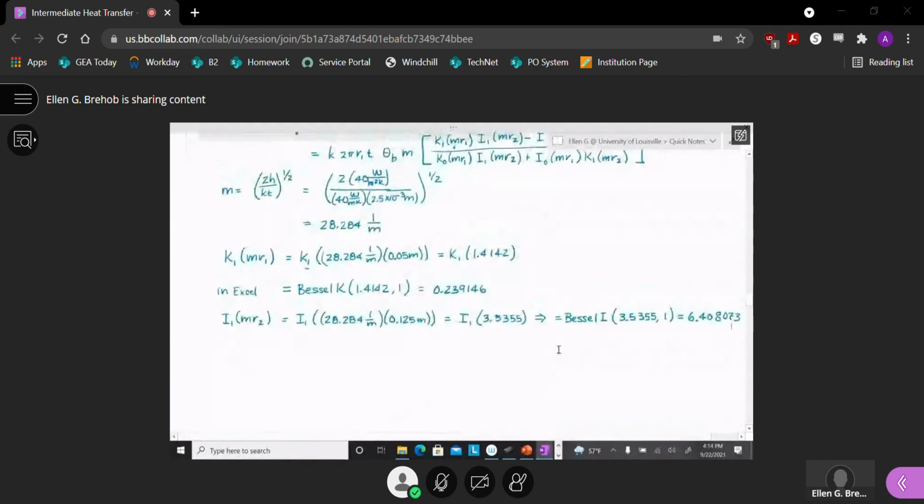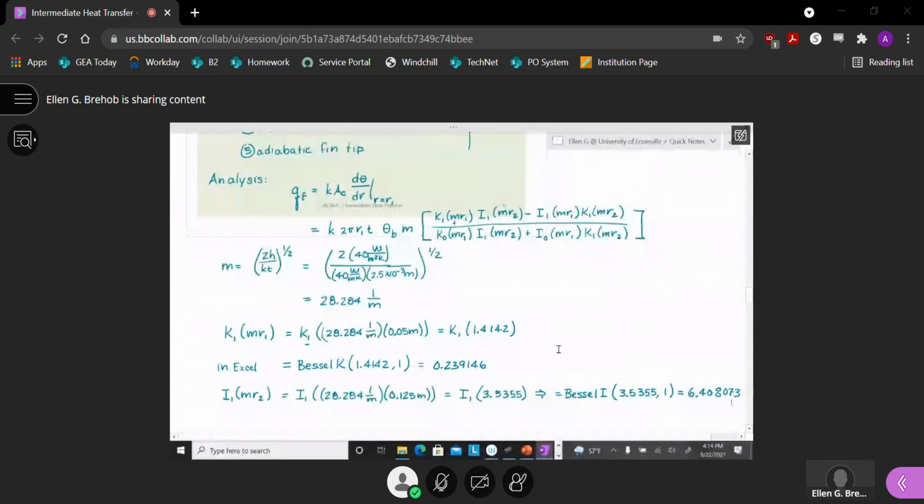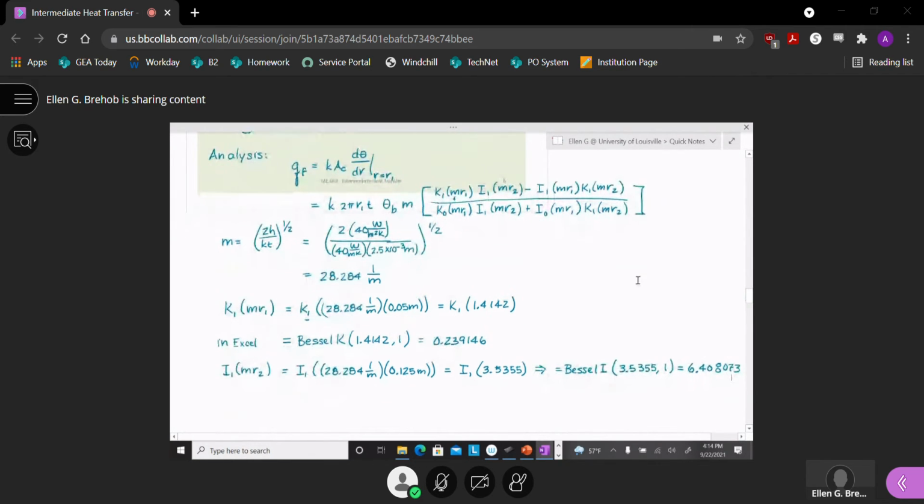All right, so I think you get the hang of it. Let's say we've done all of these Bessel functions out here. Okay. And I want to repeat this equation and show what we're going to put in the first part.